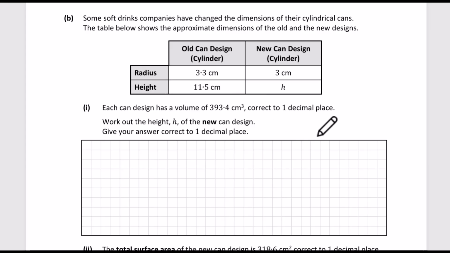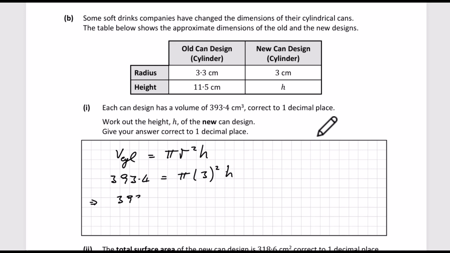So we are looking here really at the volume of a cylinder, which is pi r squared h. That's again in your tables. We know that the volume hasn't changed, so the volume is 393.4. Pi is pi. The new radius is 3, which we've got to square, and then we've got to multiply that by height. So we've got to just work out that height. Everything is multiplied on the right hand side, so what we can do is just divide.